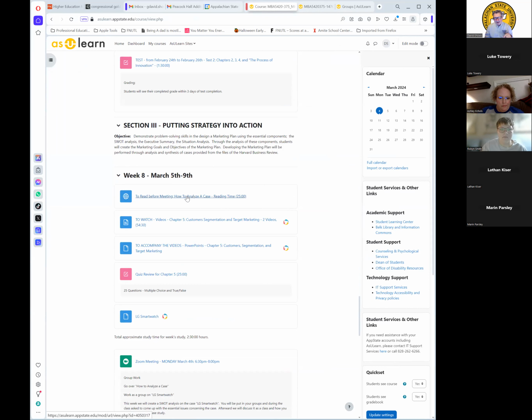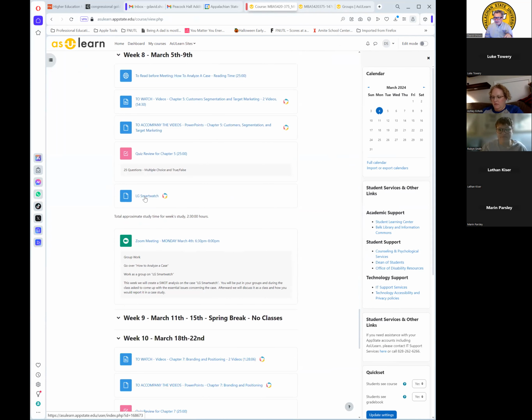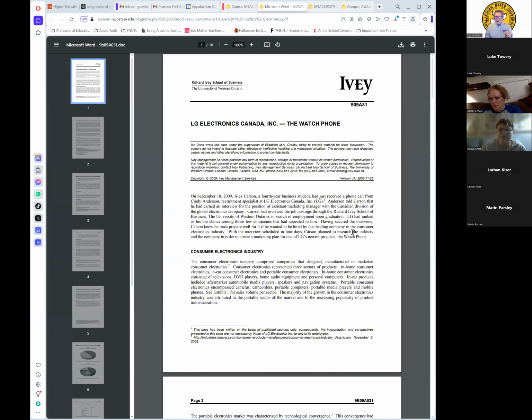We're going to talk about how to analyze a case, but then also what we're going to do is this case right here called LG Smartwatch. And this is a small case. It's only like 10 pages, but it'll give you a taste of what case study is like. And it'll be a nice way to kind of get into the subject.